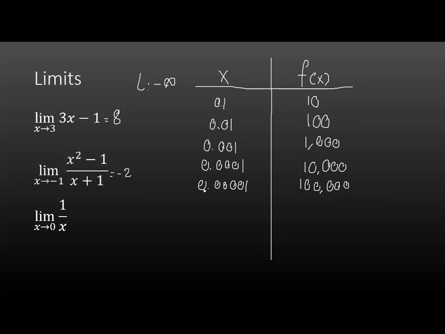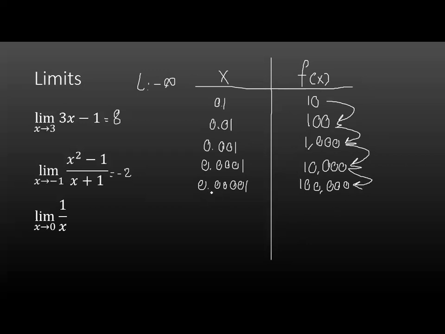So this one is similar to the left-hand side. The difference is that we have positive values. But the similarity here is that they do not approach a number, but rather produce a large amount of numbers from 10, 100, 1,000, 10,000, 100,000.